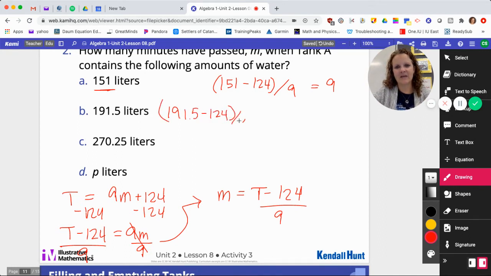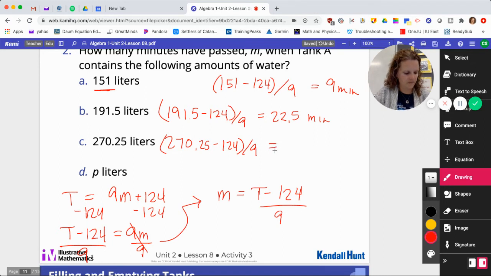Take that and divide by 9, and you get 22.5 minutes. Okay, we have even more, so our time should get higher. 270.25 minus 124, and then divide that by 9.